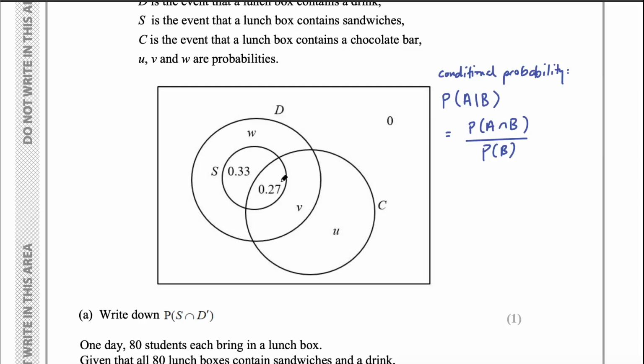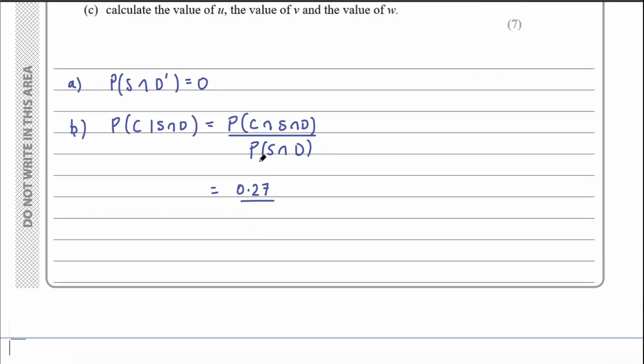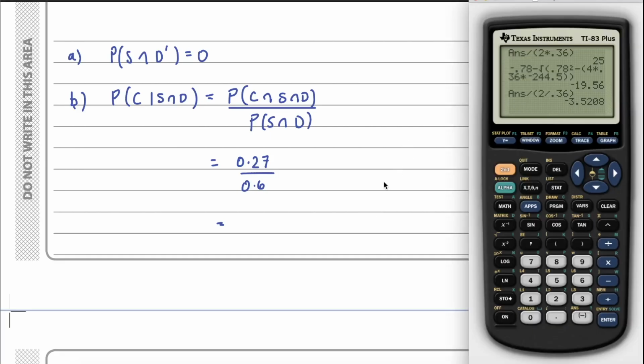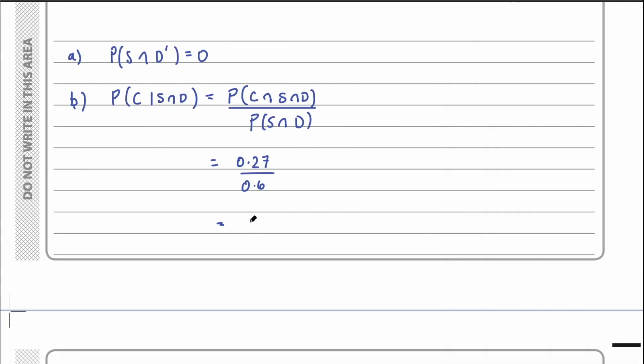So that's the intersection. That whole circle will be the intersection. So 0.6 is the probability of S intersect D. So the probability of a chocolate bar given a sandwich and a drink is 0.27 divided by 0.6. If we put that into a calculator, 0.27 divided by 0.6 is 0.45, or 45%.